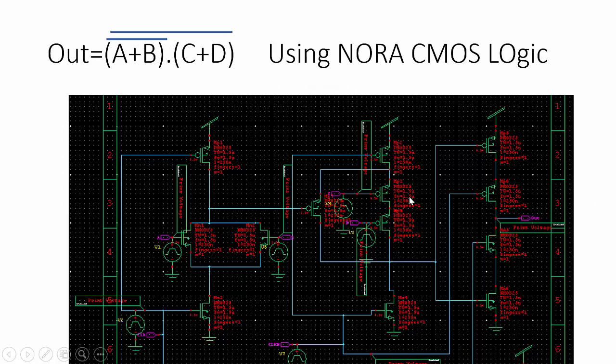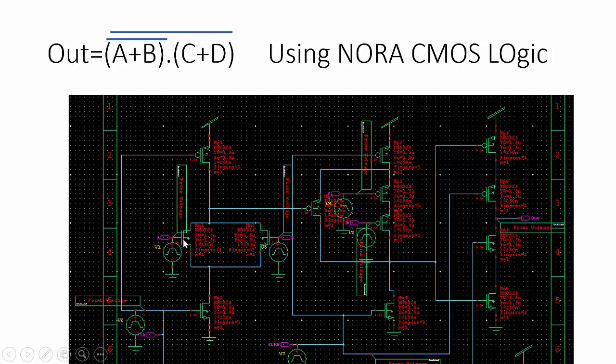So next we can see the NORA CMOS logic implementation for the function (A plus B) whole bar into (C plus D) whole bar. For this logic I have drawn this schematic diagram. So first we have to represent this logic. First take the (A plus B) bar.